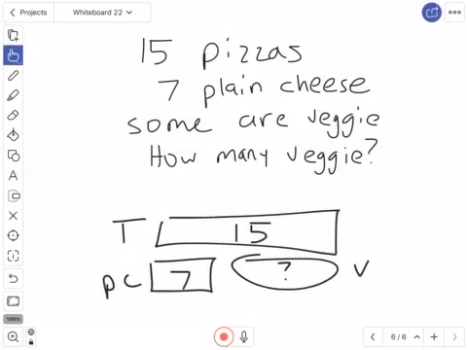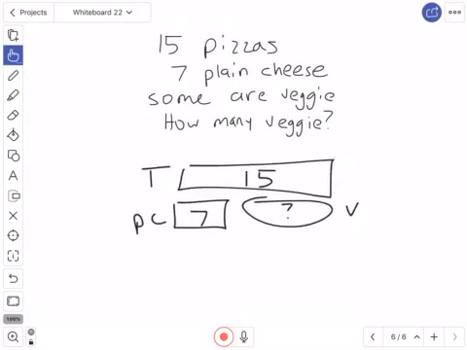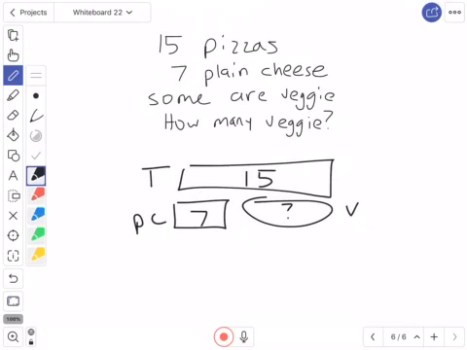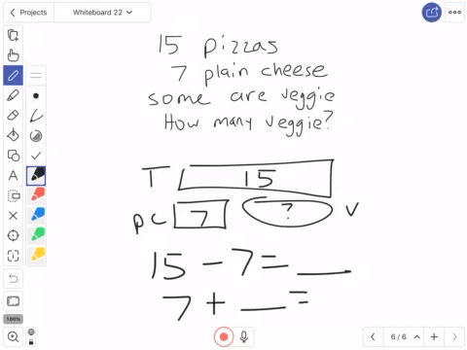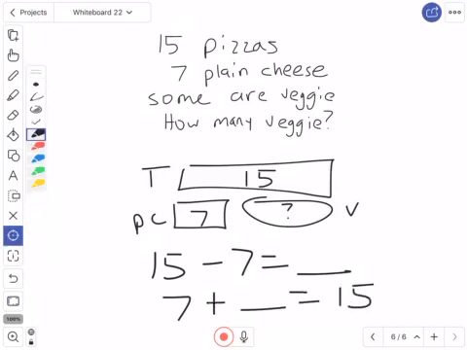My situation equation: I have 15 pizzas, 7 are plain, the rest are veggie. I could take 15 minus 7 equals blank. Or I could also think about it like this, because I know the opposite: 7 plus what equals 15. So that's another way to think about this kind of problem.